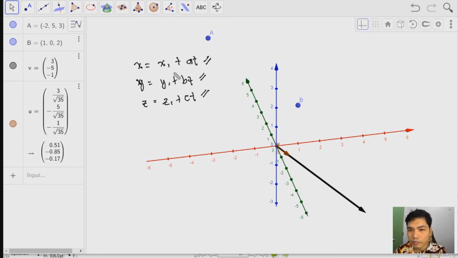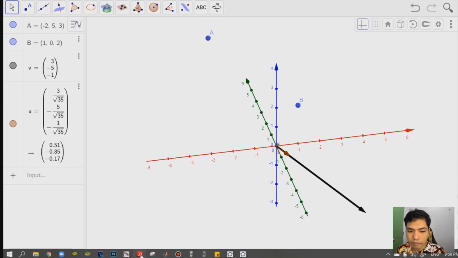So therefore, yung x sub 1 mo is the value wherein ginawa mong reference. So ano ba yung ginawa natin ditong reference? So pinagsubtract natin is 1 minus negative 2. So therefore, the reference is -2. That's a. So x sub 1, y sub 1, z sub 1 would be equal to this -2, 5, 3.